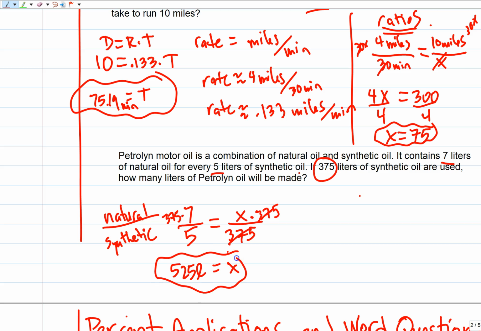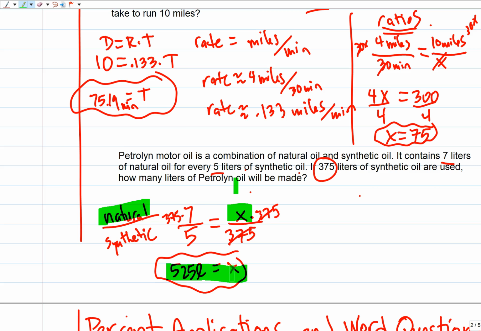So you circle this, you type it in, and then they mark the question wrong. That's really annoying. You have to be careful with these sometimes. What did we just solve for? It was natural over synthetic. Sorry, we found out how much natural oil they used. That's where our X was.